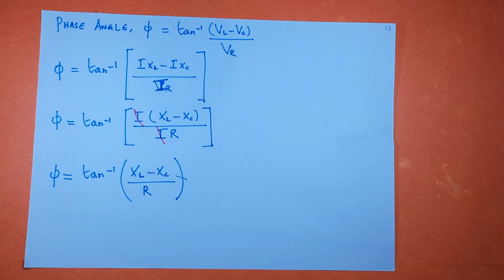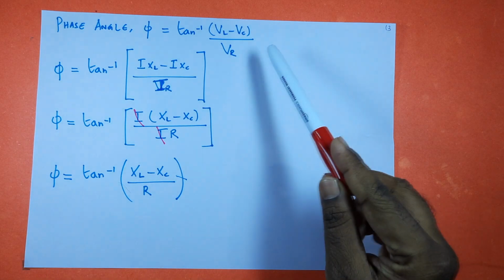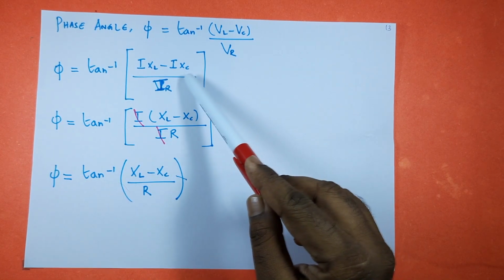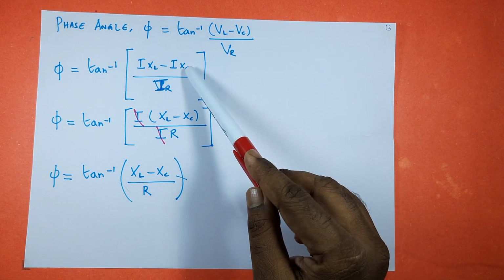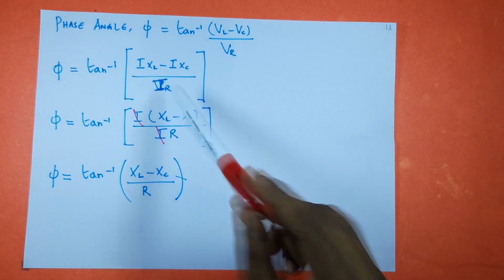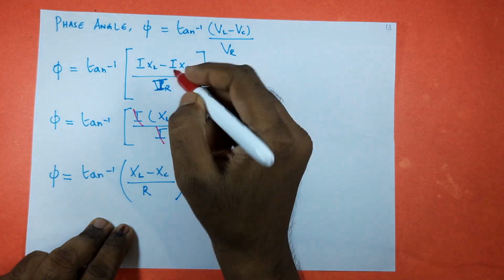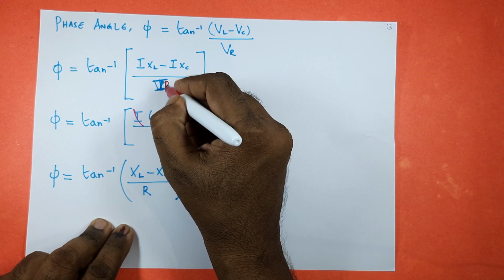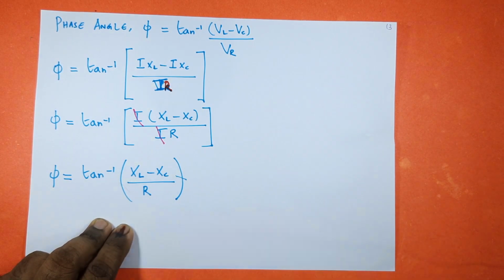VL is I into XL, minus VC is I into XC, divided by VR, which is I into R. It is not a suffix; it is written in very small letters.